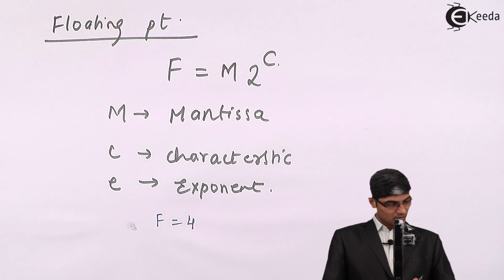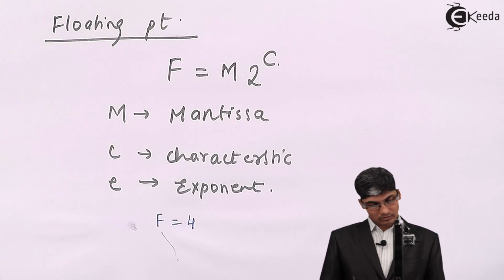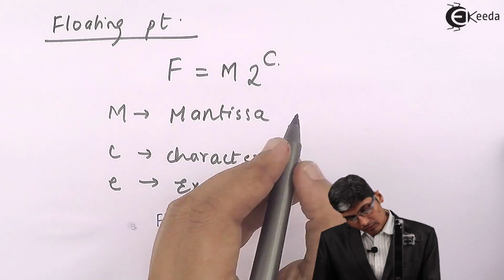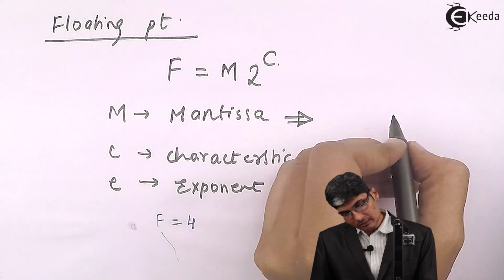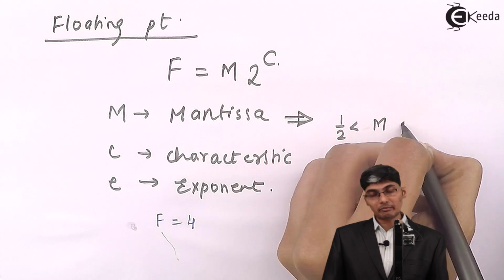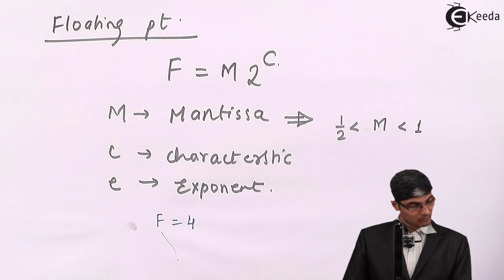Now, before splitting this, one more important thing which we need to remember is that m is now limited from half to 1. So the mantissa can either take the value 0.5 or it can take the value 1.